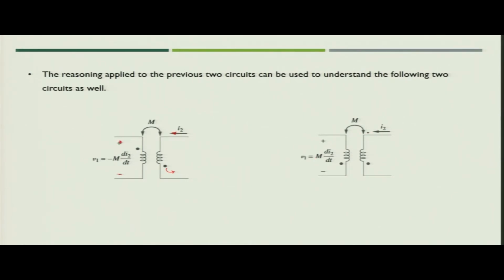Similarly, when I2 is exiting the dot but the voltage polarity at the dotted terminal of the second coil is negative, your induced mutual voltage will be M dI2 by dt. Since you are exiting the dot and the polarity of voltage at the dot is negative, your mutual induced voltage would be M dI2 by dt, which is positive.